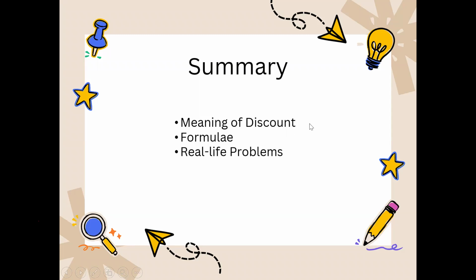Discount is nothing but the reduction given on a mark price. Now what was the formula for calculation of discount? The first is discount equals mark price minus selling price. The second was discount percentage, which we calculate as discount divided by mark price into 100, and selling price, which is nothing but the mark price minus discount.